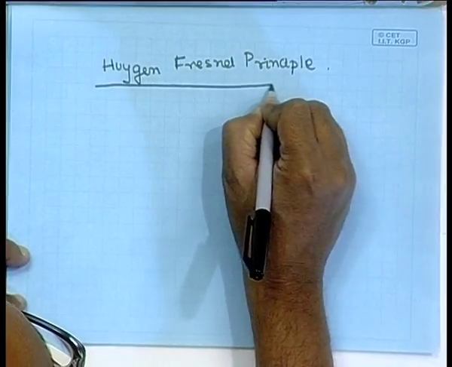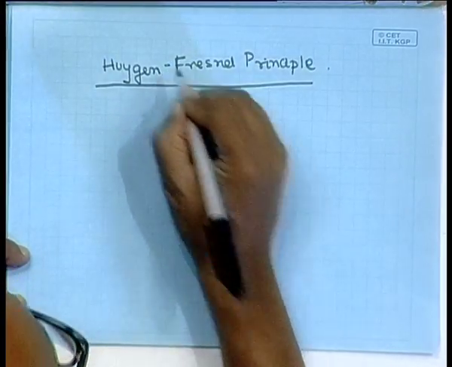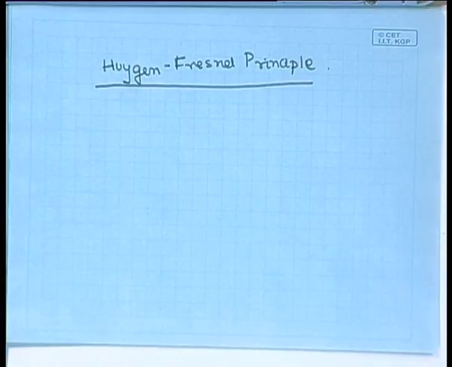So, we shall refer to it as the Huygen Fresnel principle. It is a heuristic approach. It tells you a prescription how to solve such problems, and this can be done in most situations, and this gives us a handle to tackle these problems. So, let me discuss the Huygen Fresnel principle.